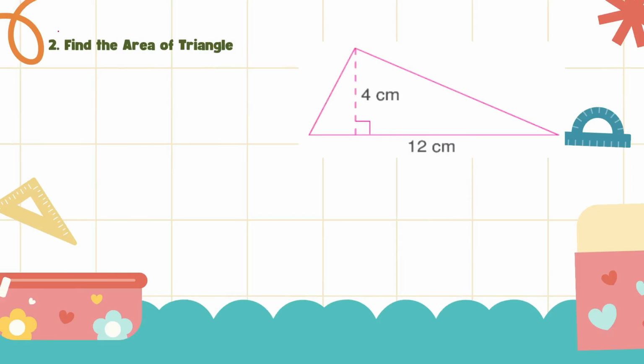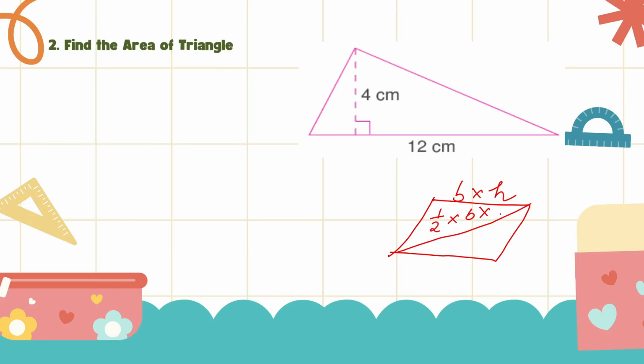Now if we have to find the area of triangle, what is the difference between area of triangle and parallelogram? This is the shape of parallelogram. We have two triangles joined, and parallelogram area is base into height. But if we cut it into two equal triangles, it will be half into base into height.